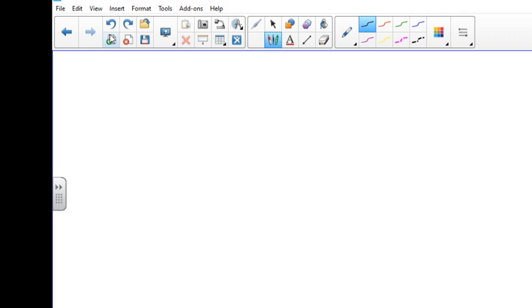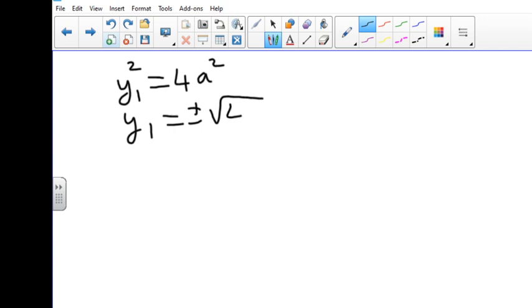(a, y1) is a point on y square is equal to 4ax. Therefore, we get y1 square is equal to 4a square. So y1 is equal to plus or minus root of 4a square, which is equal to plus or minus 2a.